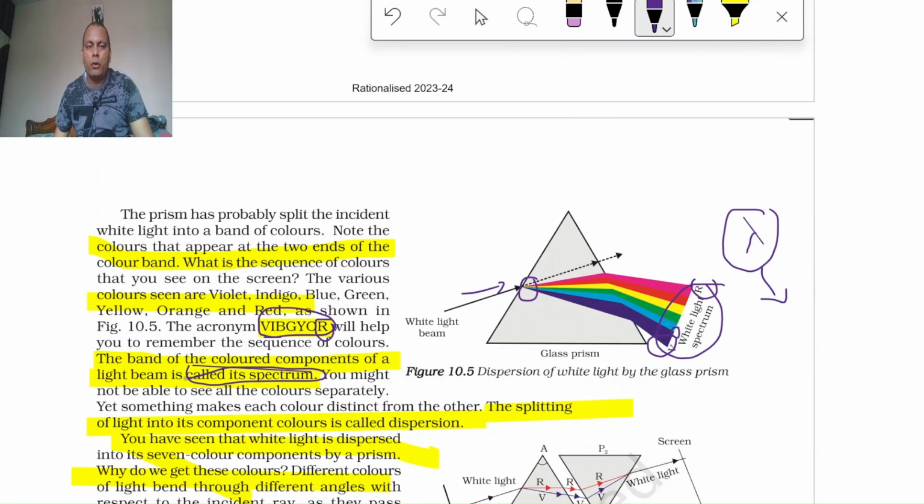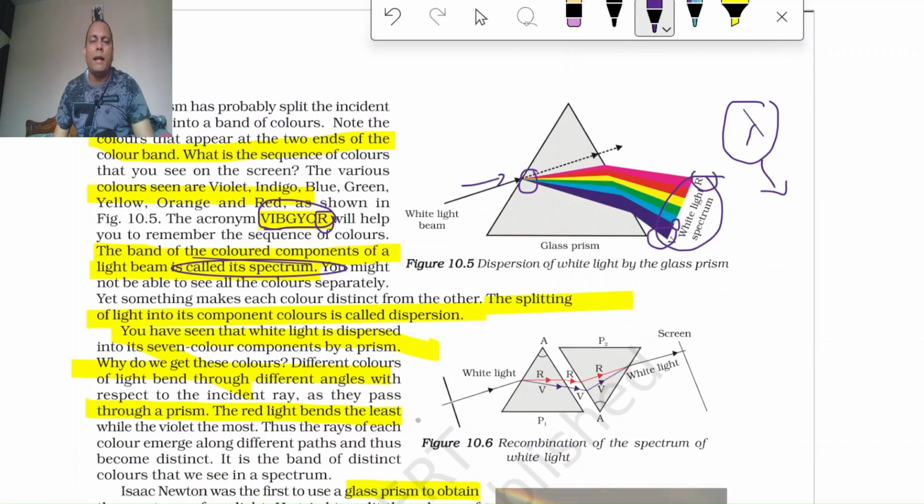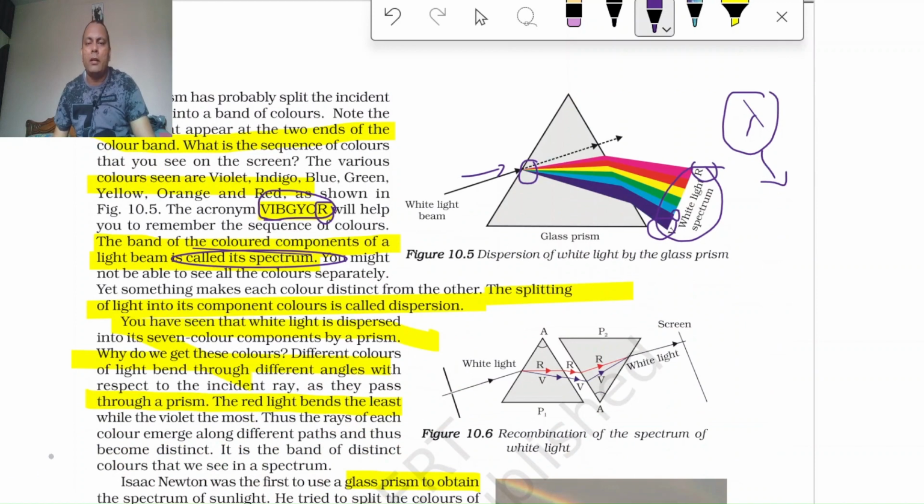So you should also understand the spectrum. You might not see all the colors separately, but the splitting of light into its component colors is called dispersion. We have already discussed dispersion.